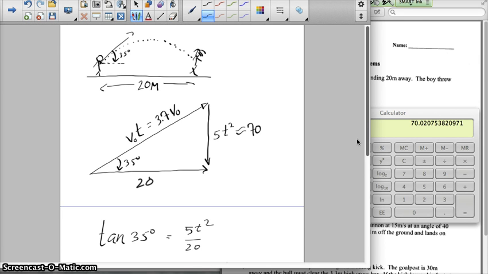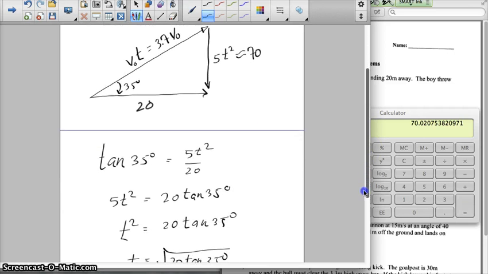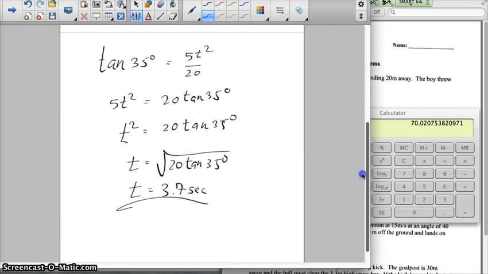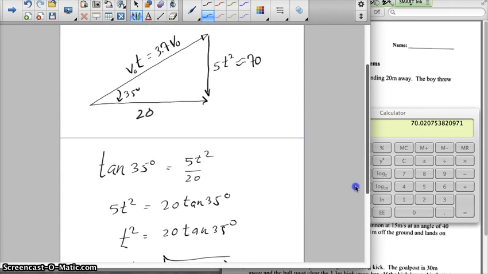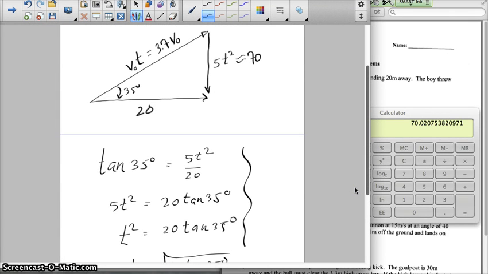So why don't I use sine to find my initial velocity? Let's do that over here. So sine of 35 degrees is going to be equal to 70 over 3.7 times V naught, right?